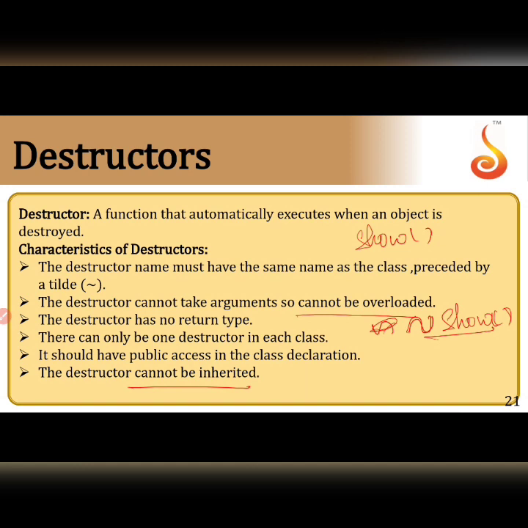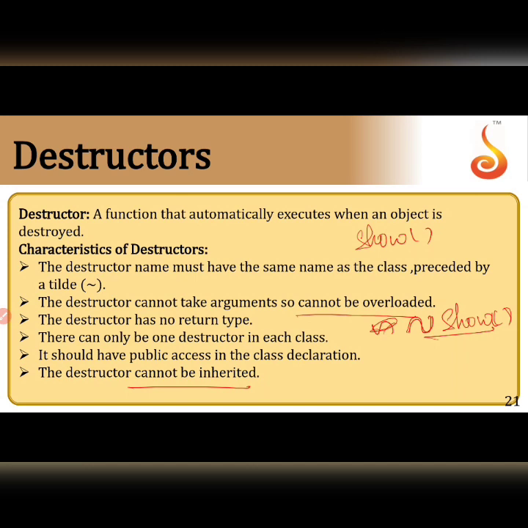That is, from the base class to the derived class, or from the parent class to the child class, it cannot be inherited. So the destructor has the same name as the class name. The destructor does not take any arguments, so it cannot be overloaded, and since I cannot overload it, I will have only one destructor in my class, and the destructor has no return type.